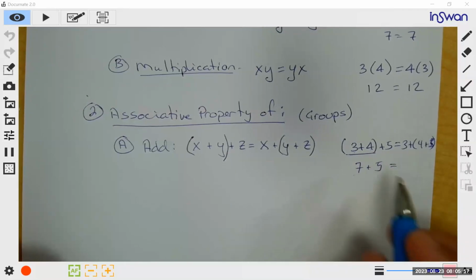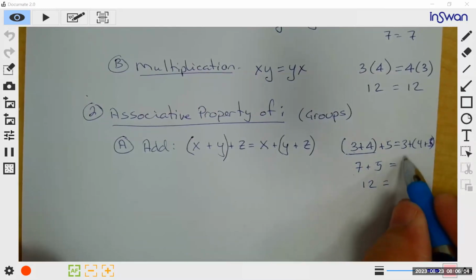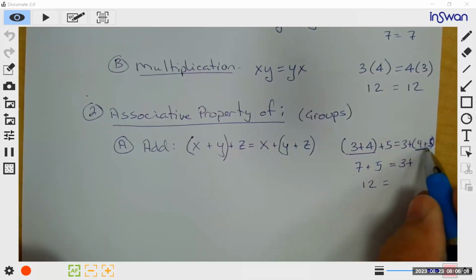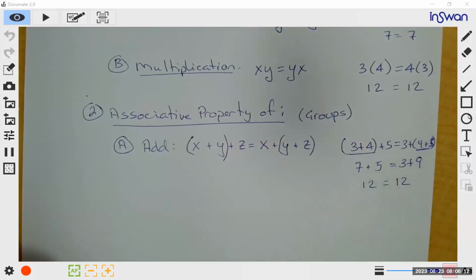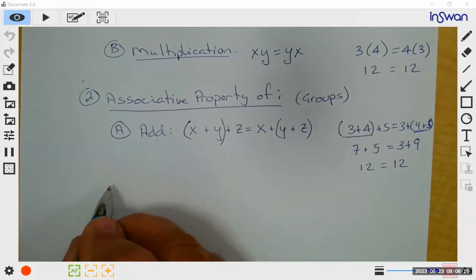And then we can do 7 plus 5 is 12. We do the same thing on the other side. So we have to do the parentheses first. So we have 4 plus 5 is 9. 3 plus 9 is 12. Yes, it's not too impressive. It becomes more apparent in the next example.